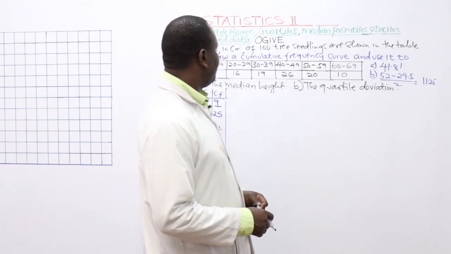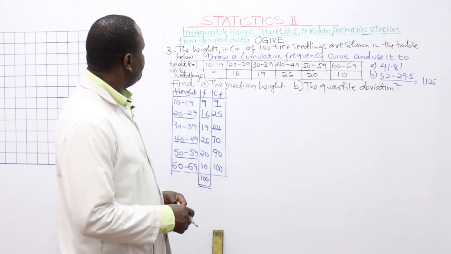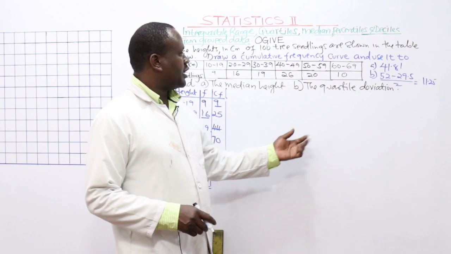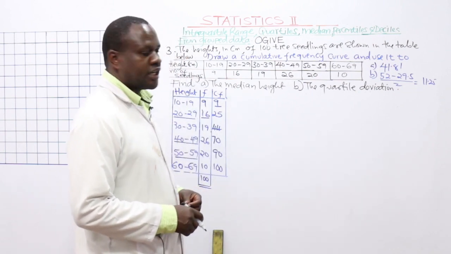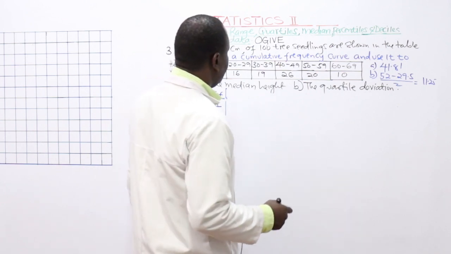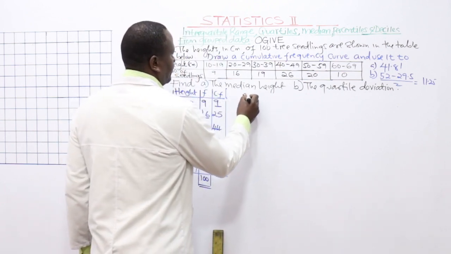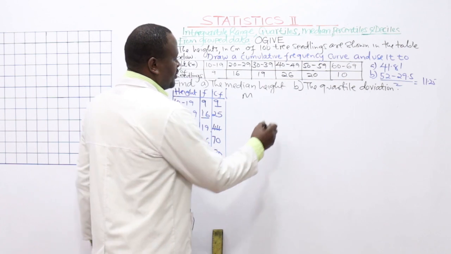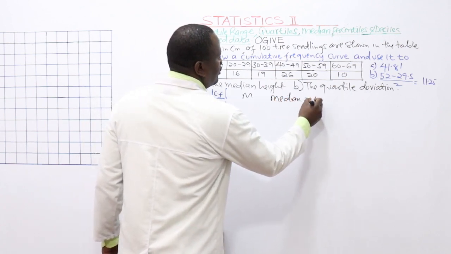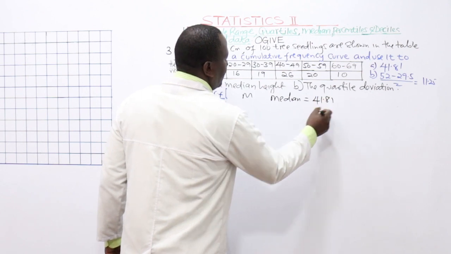Use a cumulative frequency curve to find the median and the quartile deviation. Remember, we used the calculations and we found that the median was 41.81.